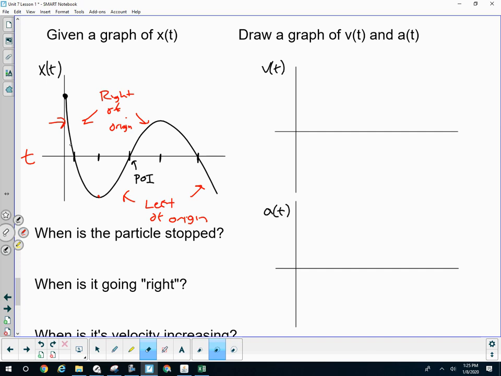We can interpret this to determine whether or not we're moving to the left or to the right. Or, we know rates of change of position give us velocities. If I ask you to sketch a velocity curve, you don't really have to interpret this much. Instead, just look at the slopes of position.